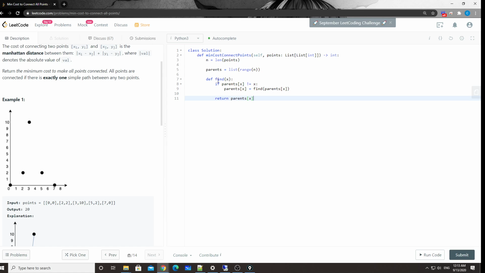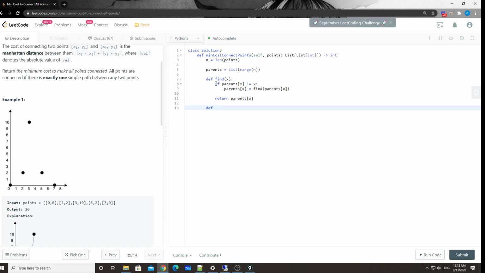For those who are still not familiar with the union find template, I suggest you try to understand the basic union find templates first, maybe from Wikipedia. I'm pretty sure you can find a lot of articles regarding how to implement the union find data structure.